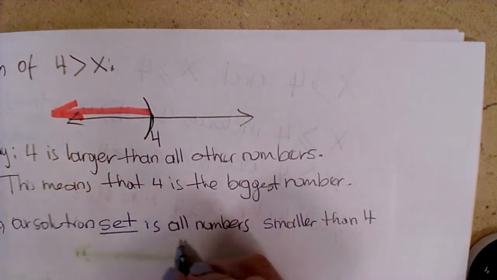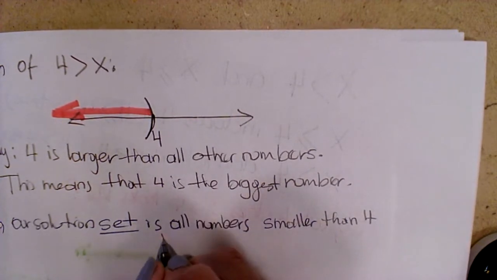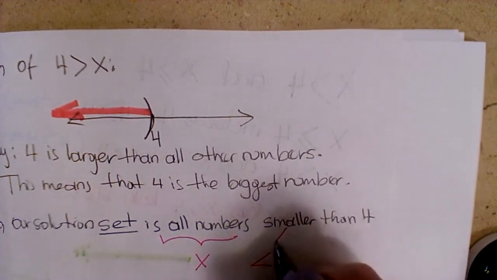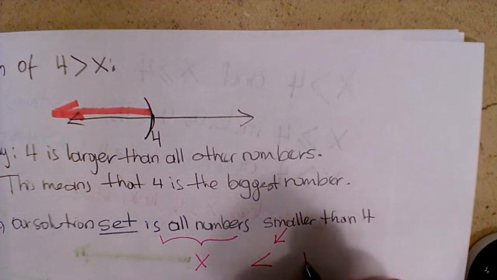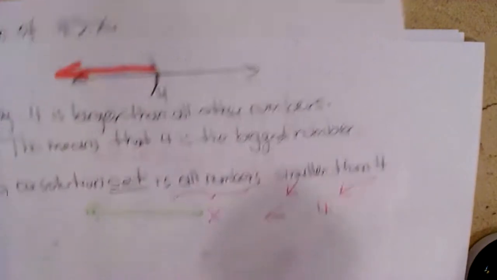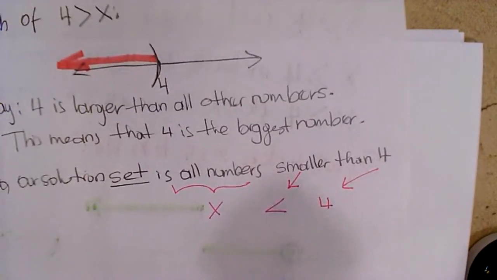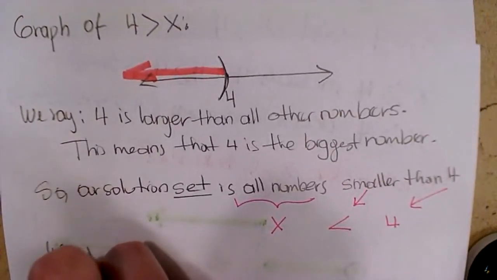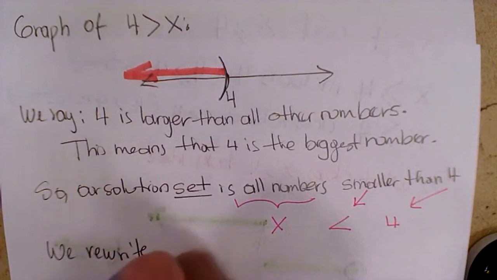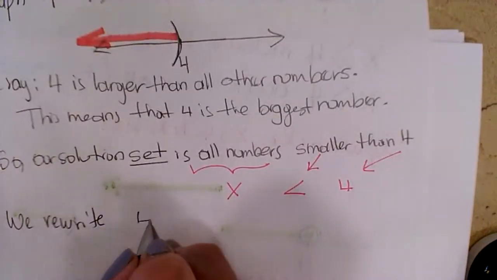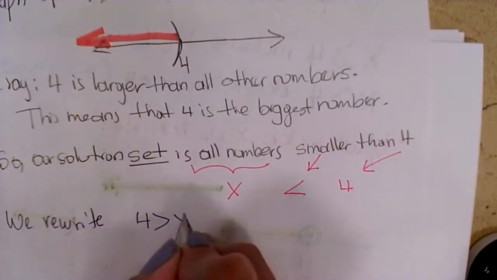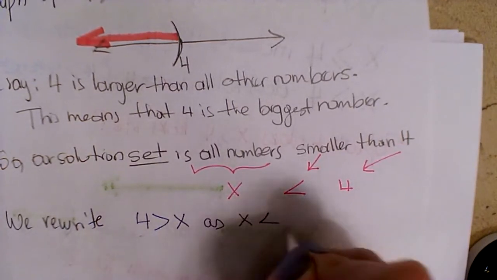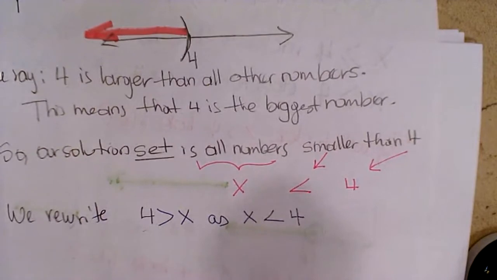So all numbers smaller than 4. And if we were going to rewrite it, so we said 4, this is what we have, right? So we do x less than 4.